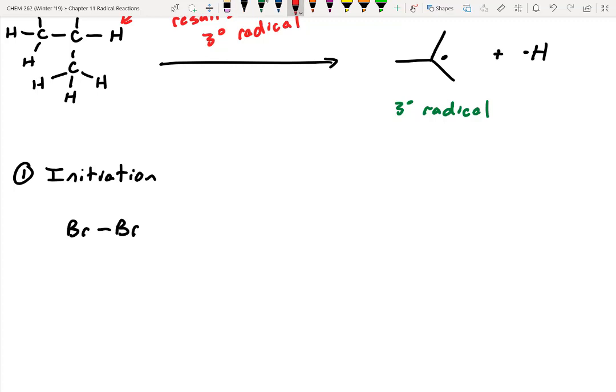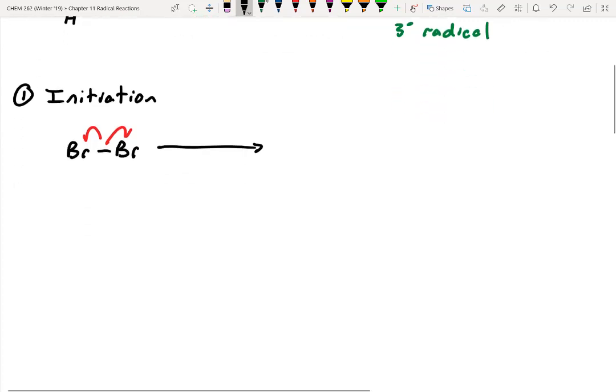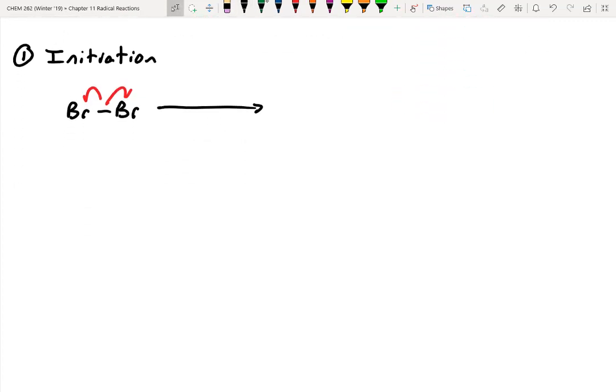Our goal is to break this bromine-bromine bond and initiate formation of our radicals. Just like I said before, you need to apply some sort of energy to the system in order to break that covalent bond. This energy can come from either heat or UV light, which is represented by the symbol for Planck's constant and frequency, hν. If you do that, you can generate 2 bromine radicals. The bond between 2 bromine atoms is relatively weak in the grand scheme of things.